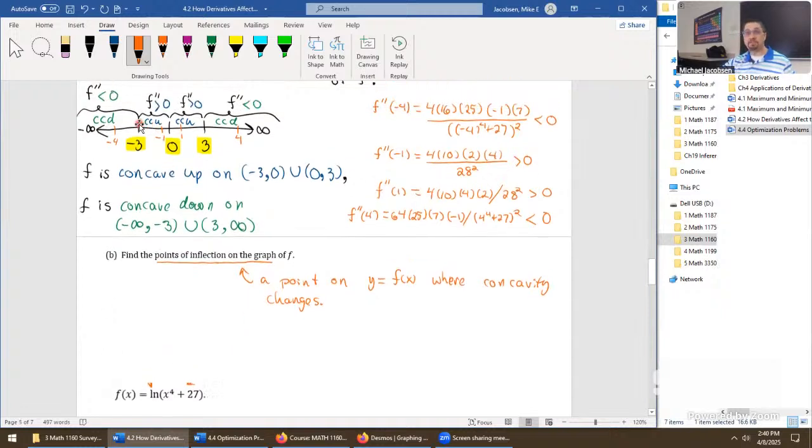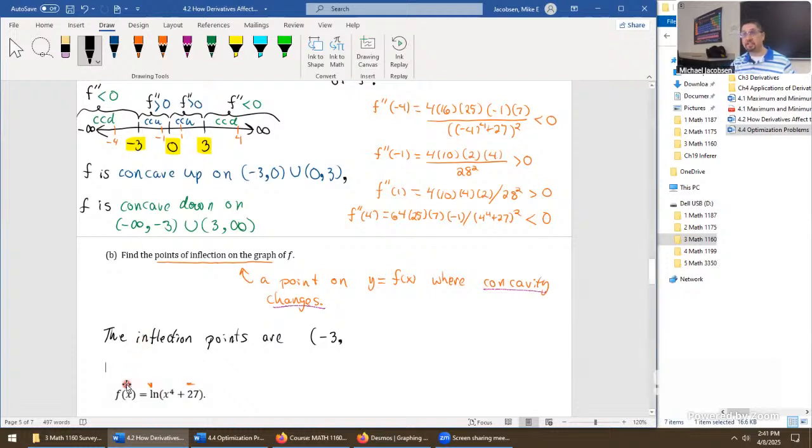So it's all about what happened on the critical numbers, and also where concavity changes. Here we're concave down to concave up, so we'll get an inflection point at -3. Let's say the inflection points are here's the first one, grab -3 at the red dot, but it's a point on the graph of f.